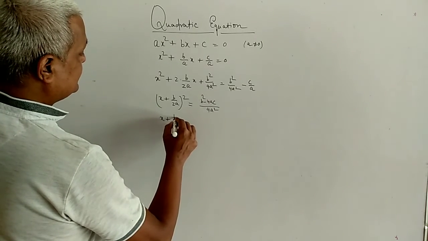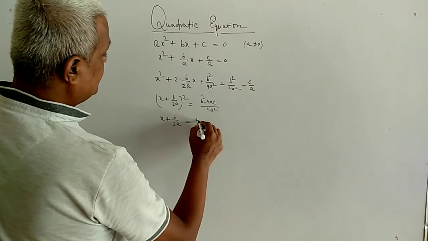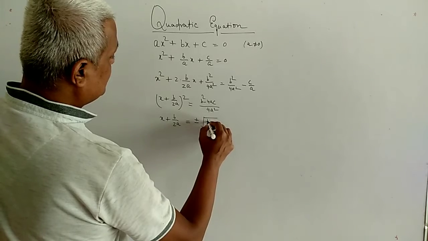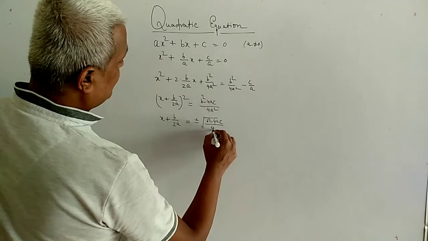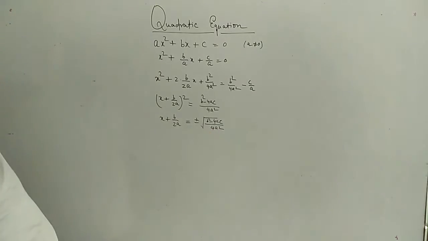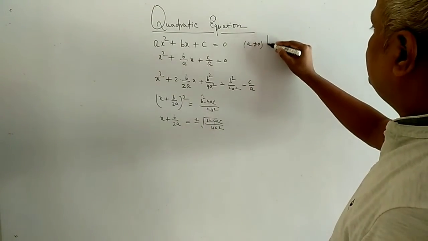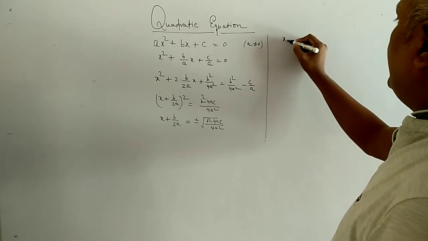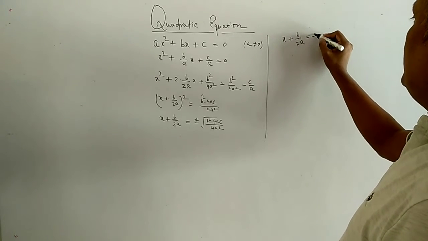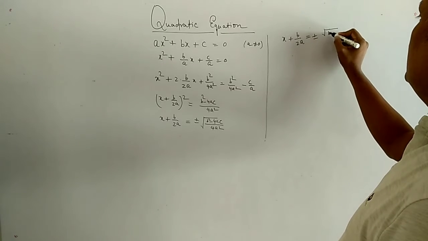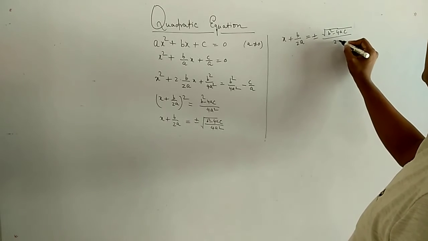So x plus b by 2a is plus minus under root b square minus 4ac upon 4a square. But you see that this 4a square is already a perfect square, so we can write this x plus b by 2a is plus minus under root b square minus 4ac over 2a.